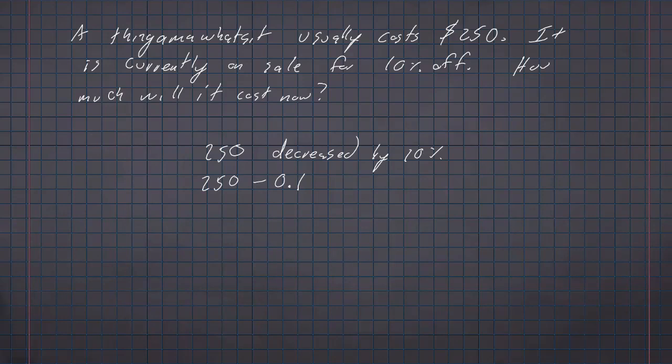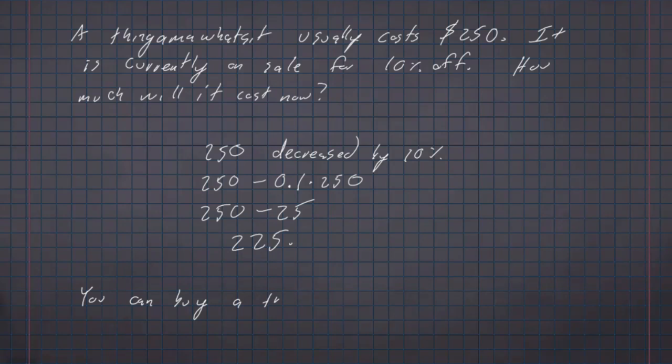So 10% of 250. 250 minus 0.1 times 250. 0.1 times 250 is 25, and 250 minus 25 is 225. You can buy a thingamawhatsit for $225.